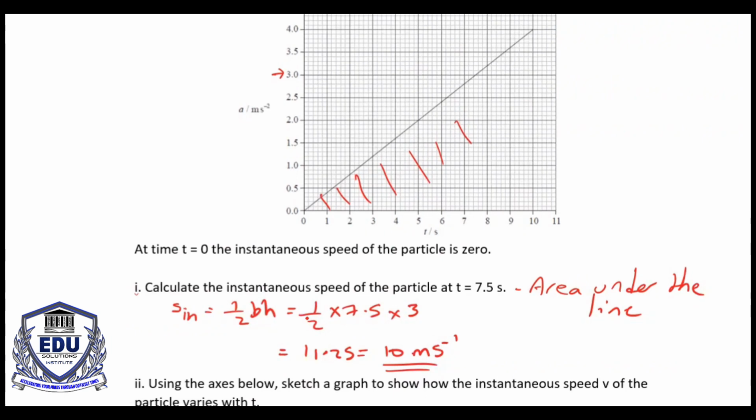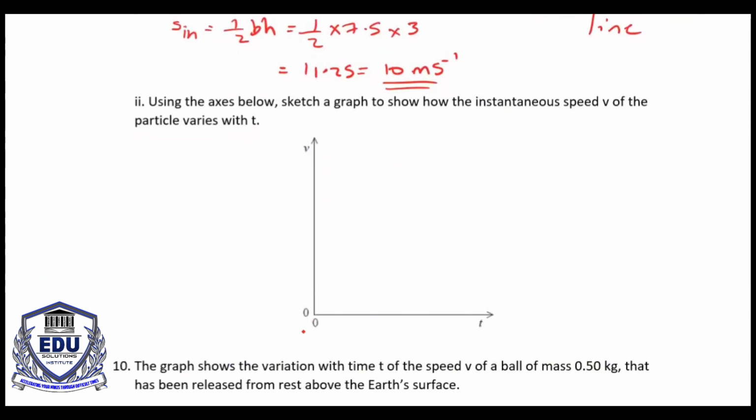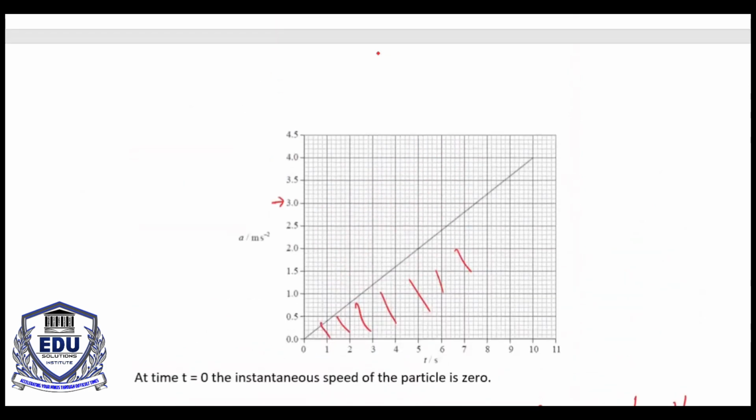Let's use the word uniform in this motion. What that means is that the speed is changing at the same rate as the time is changing.